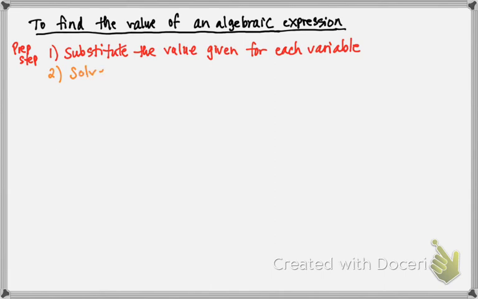Then we're going to solve, and we're going to use what we talked about yesterday, the order of operations. And remember, you guys are used to hearing PEMDAS for please excuse my dear Aunt Sally, which is parentheses, exponents, multiplication, division, adding, subtracting. And we changed it to a G, so more like GEMDAS.